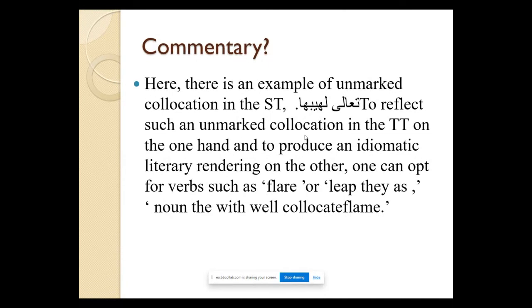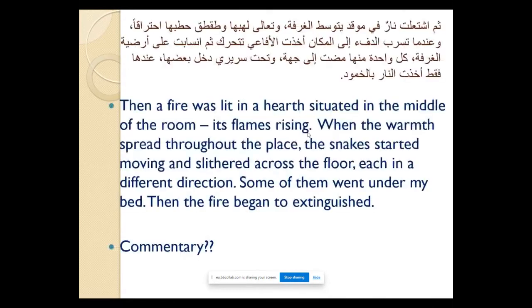They, as verbs, collocate well with the noun flame, as the noun fire collocates with the word flame. So leap and flare, if we go back, could be used instead of rising, to indicate تعالى. Of course, we have markedness and unmarkedness in language.